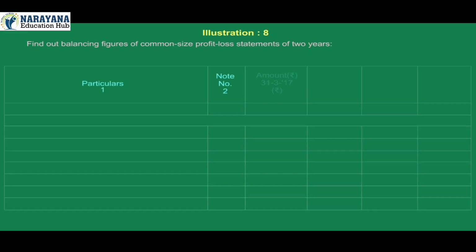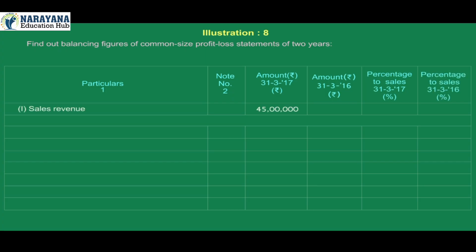Particulars, note number, amount, 31st March 2017, 31st March 2016. Percentage to sales, 31st March 2017 in percentage, 31st March 2016 in percentage. 1. Sales revenue, 45 lakh, 60 lakh, 100%, 100%. 2. Expenses, 1.